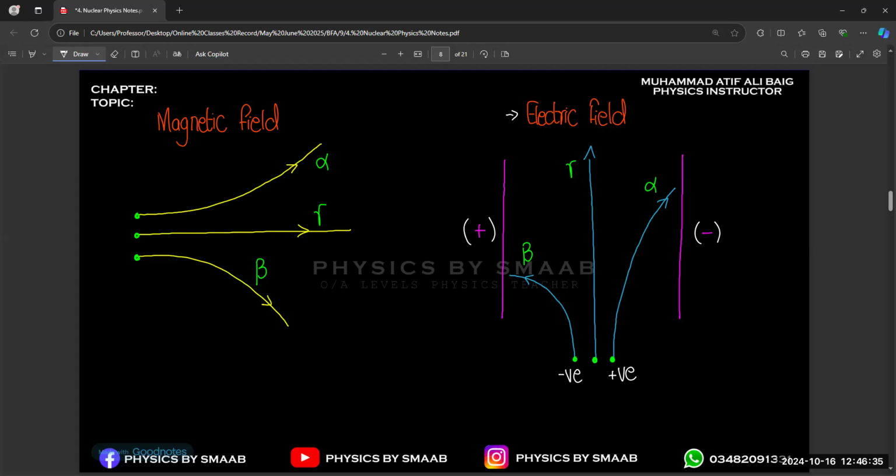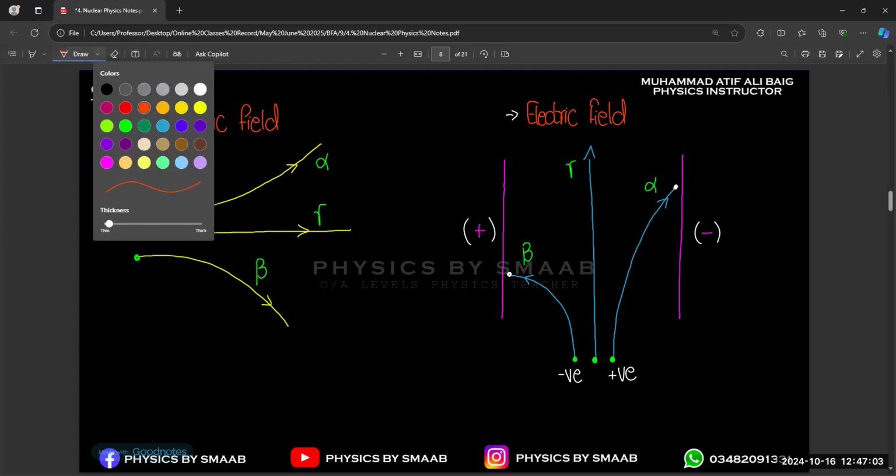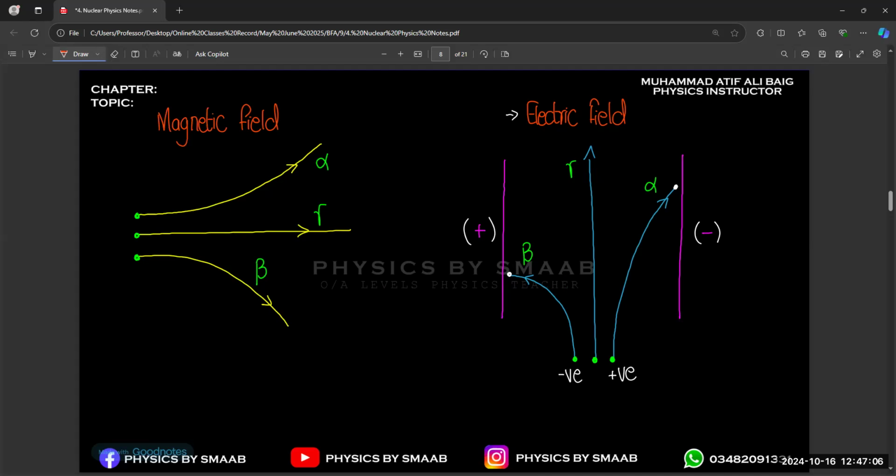There is one difference: alpha travels a long distance and then bends, but beta bends at a short distance. What is the reason? The reason is very simple: alpha is heavy, so it takes time to bend the alpha particle or alpha radiation. Beta is lighter as compared to alpha, so it is easy to bend the direction of beta.